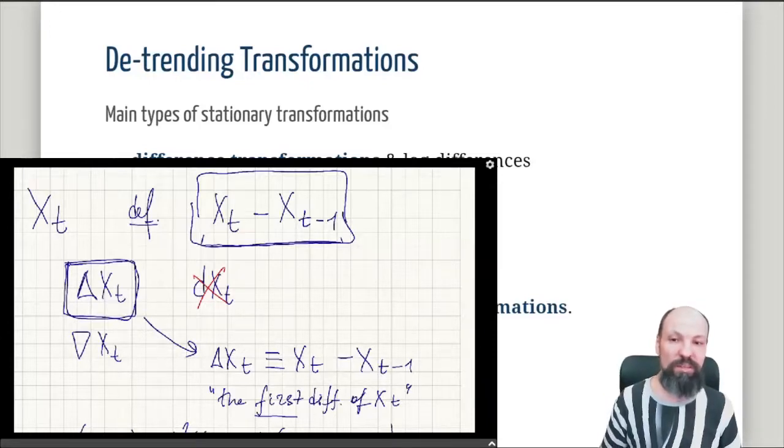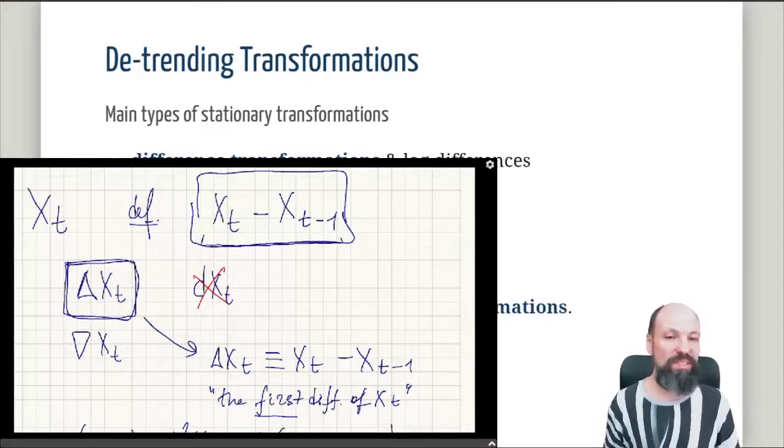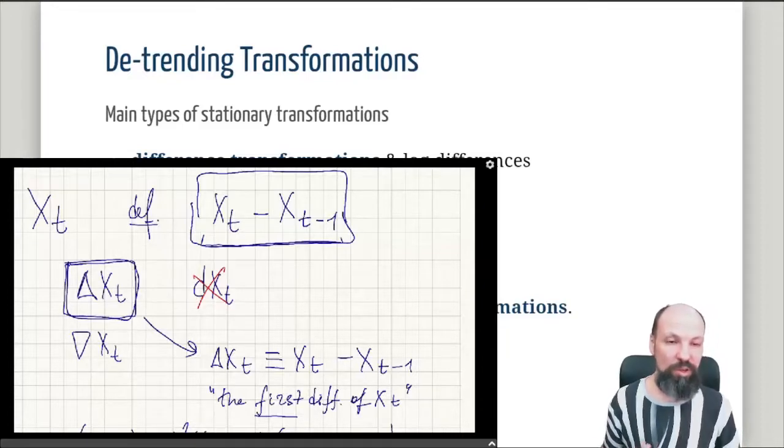This is why we say that the essential meaning of the transformation is very important when you apply it. The differencing transformation would only make sense if the units of the initial level value can be preserved. If it's something that you cannot subtract or add, then, well, why bother?